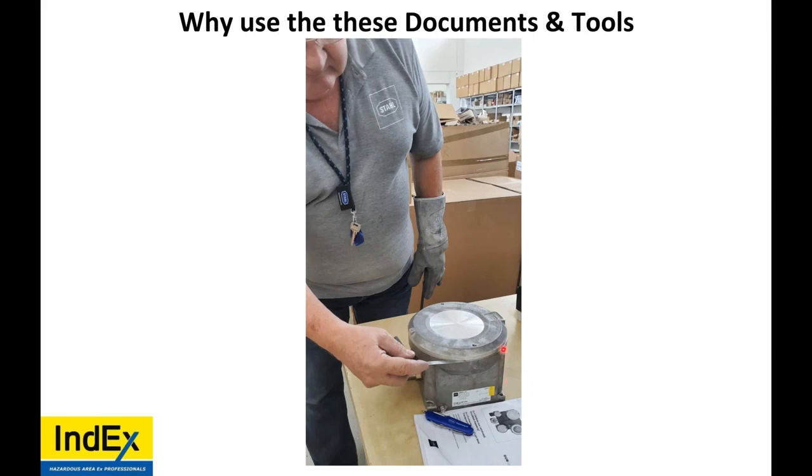Correct. When we talked about the different constructional differences between explosion proof and flame proof, they're called for in different standards, so they're not the same. So how would you test this box? On a threaded type, you would use the feeler gauge.